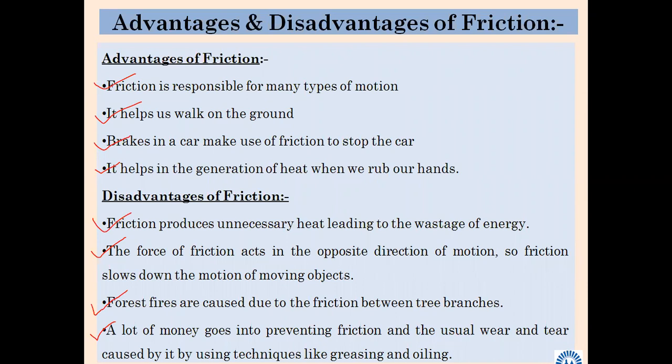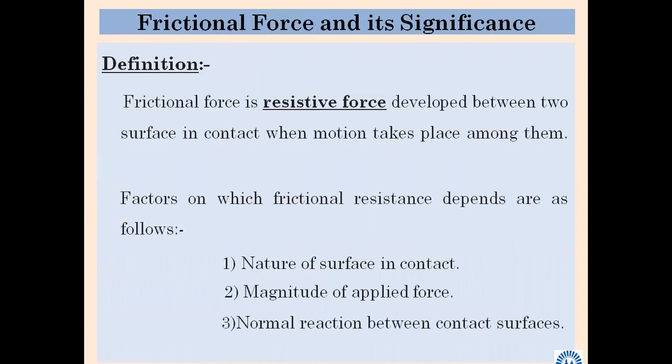Forest fires, which we saw yesterday, are caused by friction. A lot of money goes into preventing friction. Yesterday I mentioned a term called tribology. Whenever we want to prevent friction, a lot of money may go in, either invested or wasted, to avoid wear and tear.